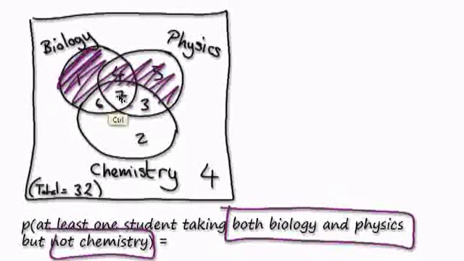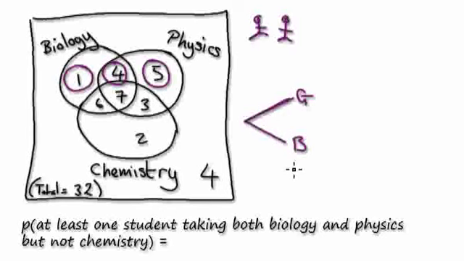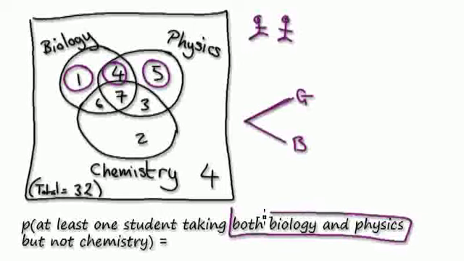Now we are picking out 2 students. So jump to the tree diagram. Let's draw it like this. So let's say this is a good student, this is a bad student. We're going to define good students as students taking both biology and physics, but not chemistry.